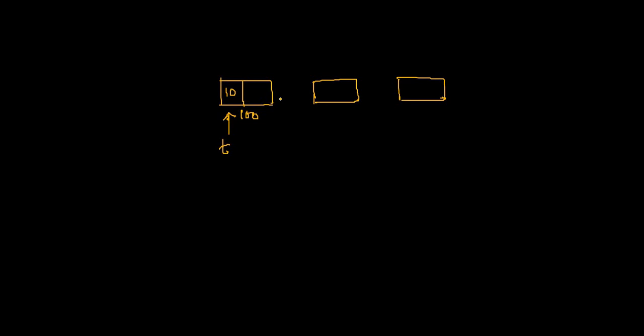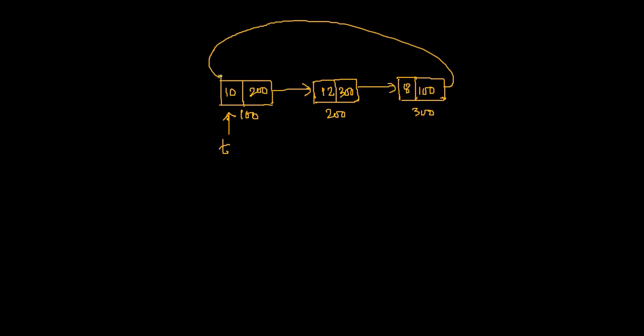So the situation is something like 100, 200, 300. The first should contain 200. The second is 12, it contains 300, and say the third is 8, it should contain 100. Right. This is pointing to this one, and this is pointing to this one, and this is pointing to this one, something like this.